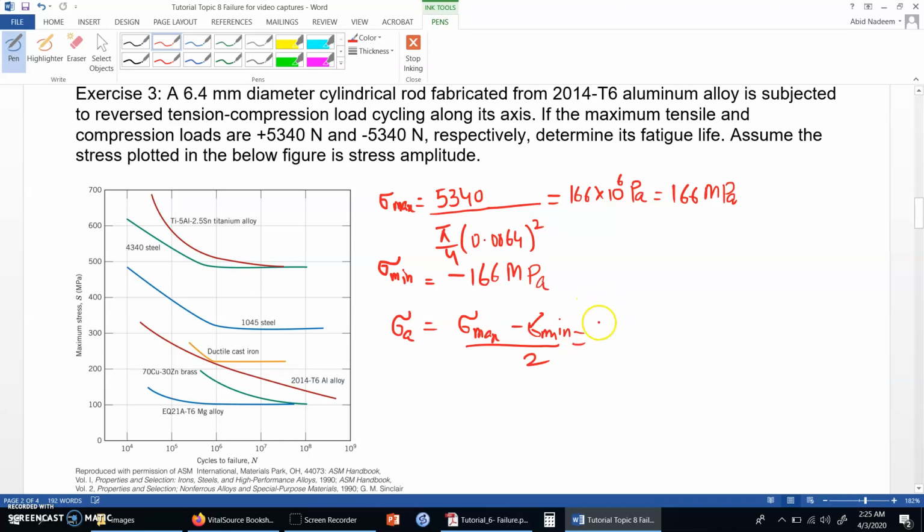So it is actually 166 minus minus 166 divided by 2, which is 166 megapascal. So we look at the 166 megapascal value here, and this line will touch the curve over here.